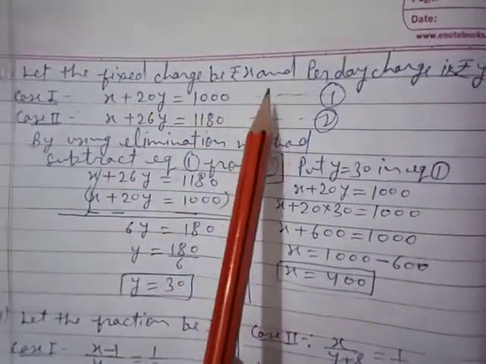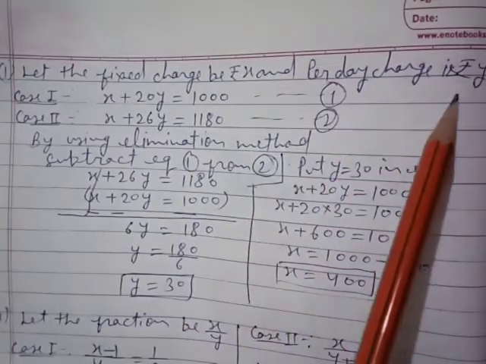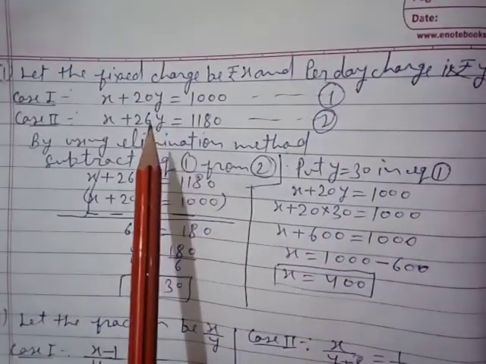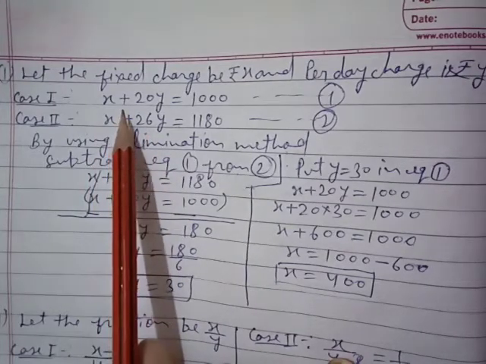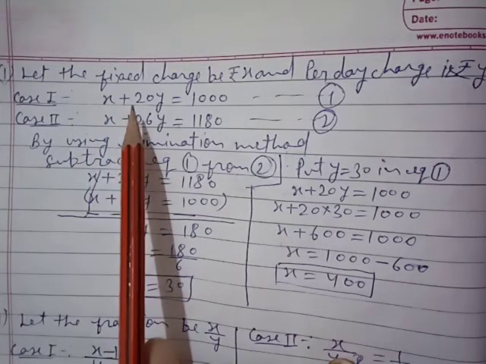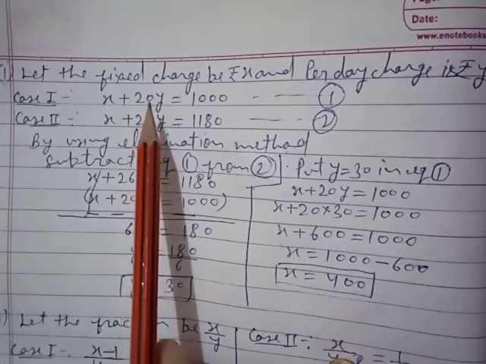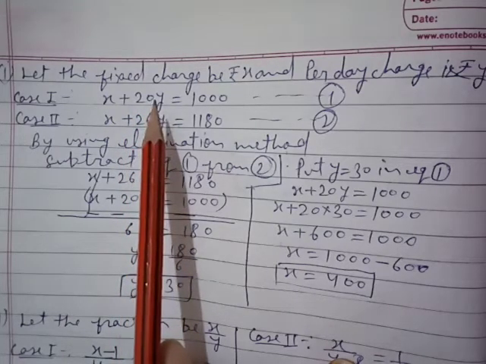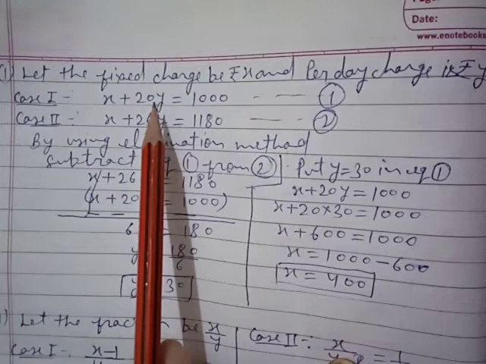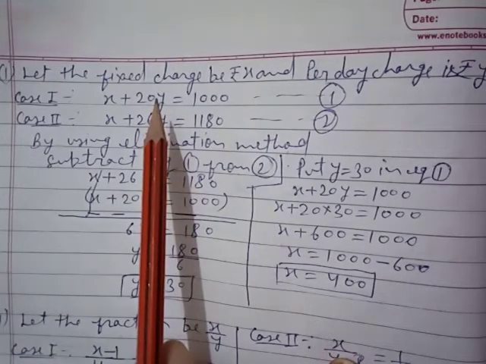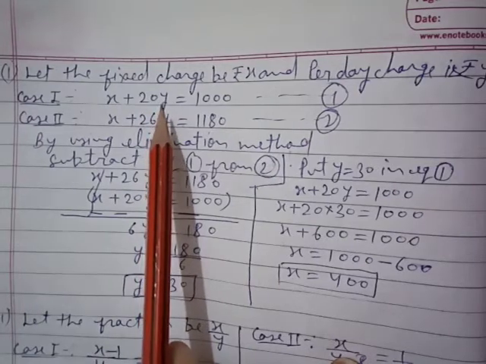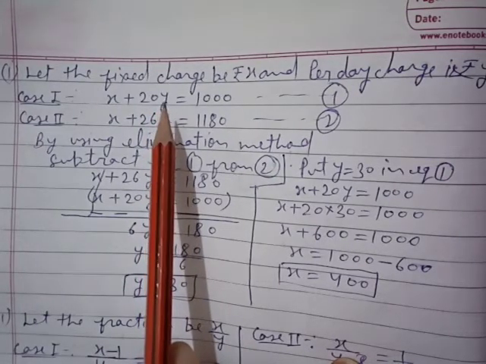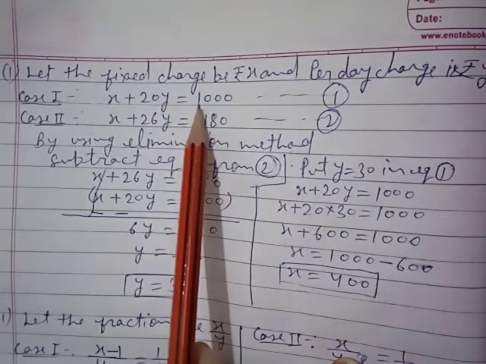Okay, case 1: when a student A takes food for 20 days, she has to pay rupees 1000. A is the name of the student. She stays in the hostel for 20 days and she has to pay 1000 rupees.